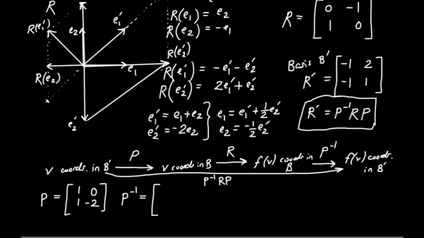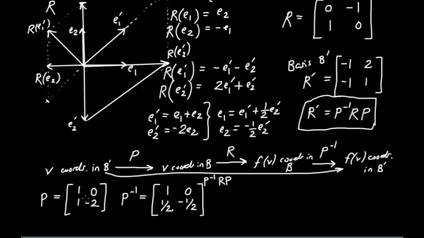So what is E1 in that B prime basis? Well, we look at the coordinates, 1, 1/2. That goes in the first column there. How about the second column? What's E2? Well, it's going to be 0, minus 1/2. And that's it.